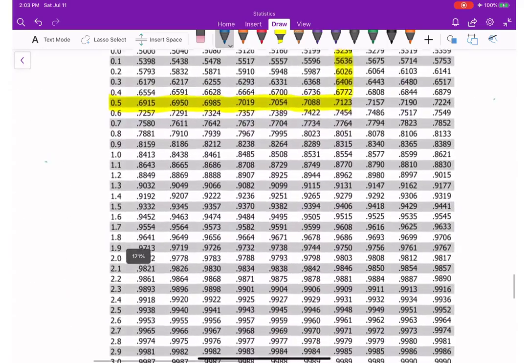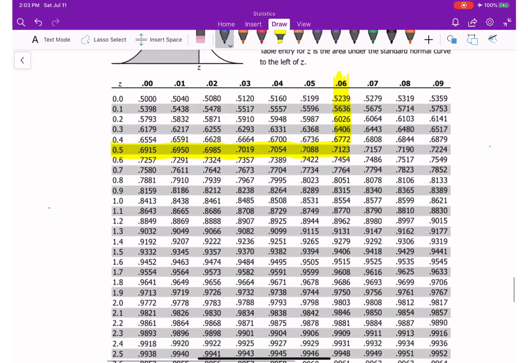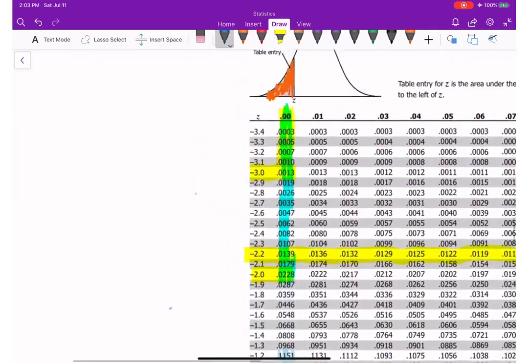So 1.3 I will find here, and going across to 6, which will come from here. 0.9131. Okay.